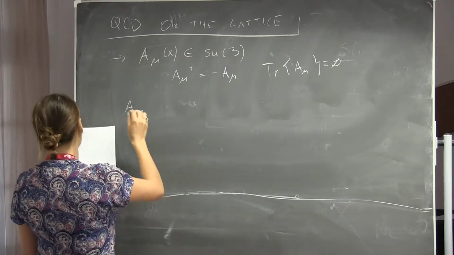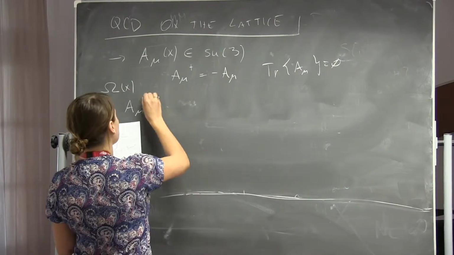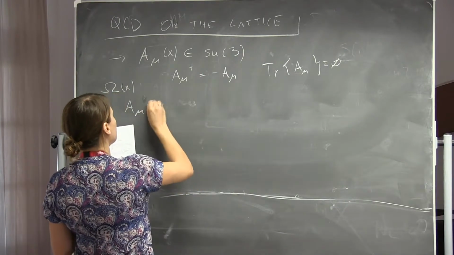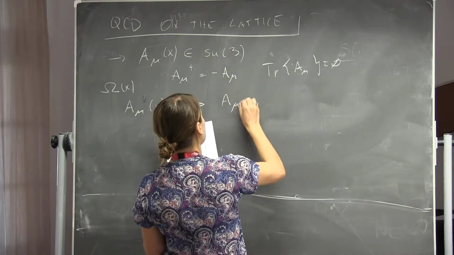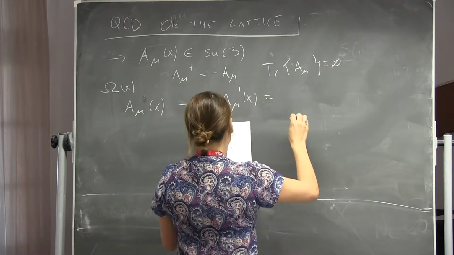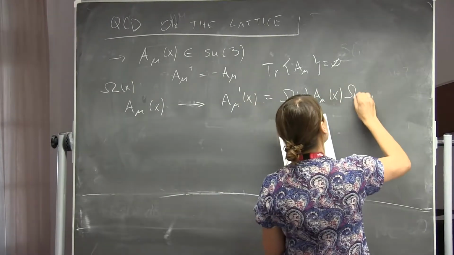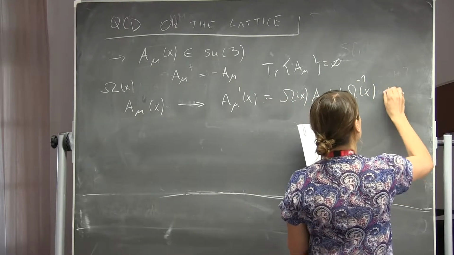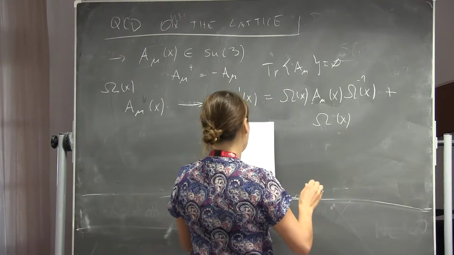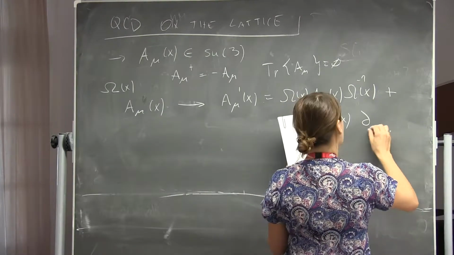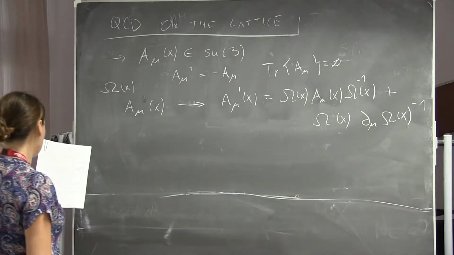And as you know, under a gauge transformation omega of x, the gauge fields A mu transform as omega of x, A mu of x, omega inverse, plus, since we have non-abelian fields, we also have this term, omega of x, d mu omega inverse of x.